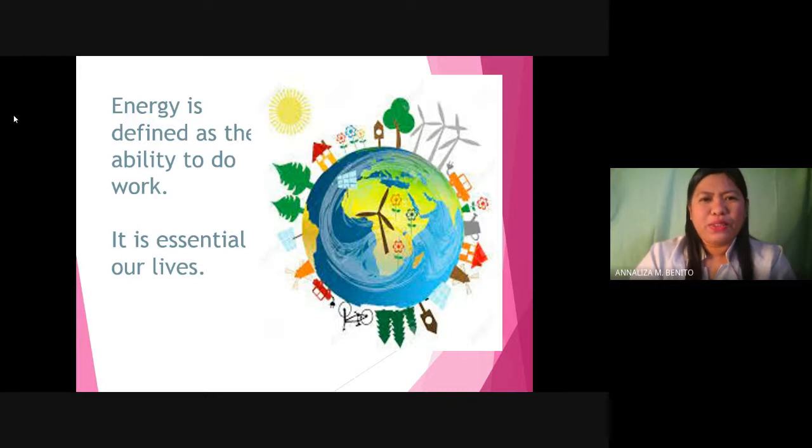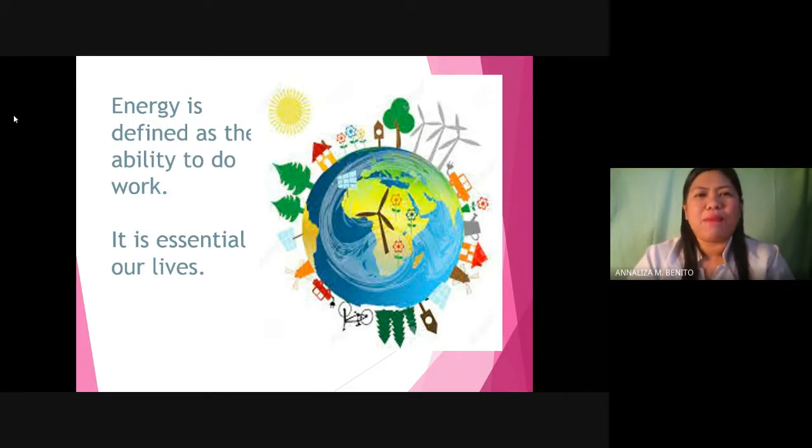At the school, in this new normal, one of the important electronics that we need to use is the copying machines and also the printers. Without energy, we cannot produce self-learning modules. So that is why it is very essential, especially to us.